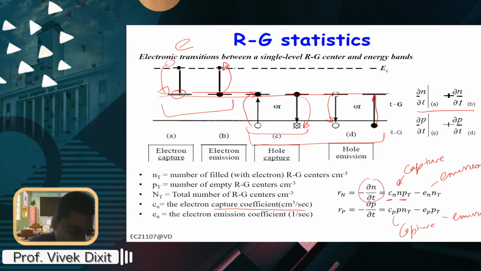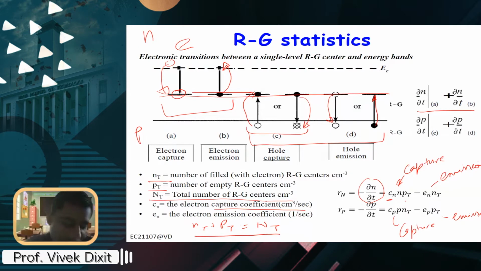Here n is of course the electron concentration, p is the hole concentration, and the total number of traps is capital NT. Out of them, small nt are filled and small pt are empty. So small nt plus small pt is equal to capital NT, the total number of states being filled states plus empty states. So this electron capture depends on the number of electrons multiplied by the number of empty states.